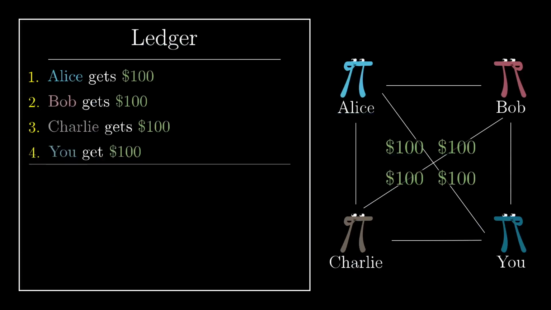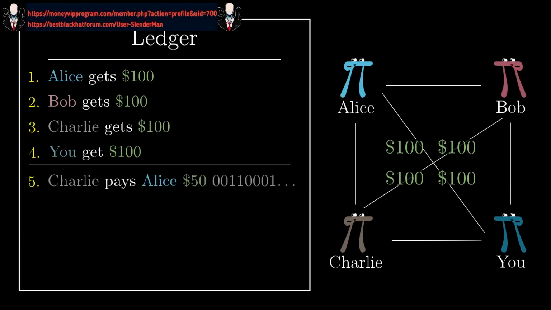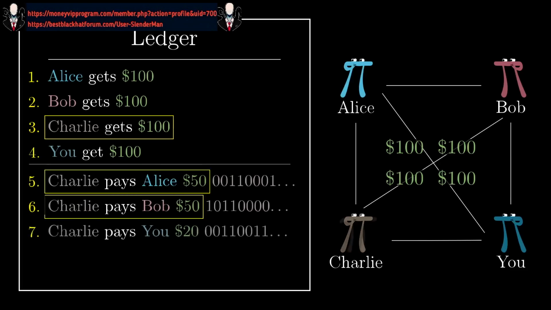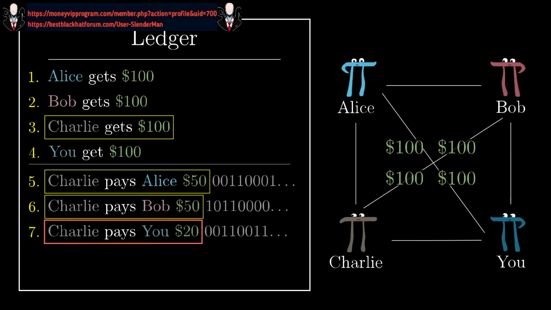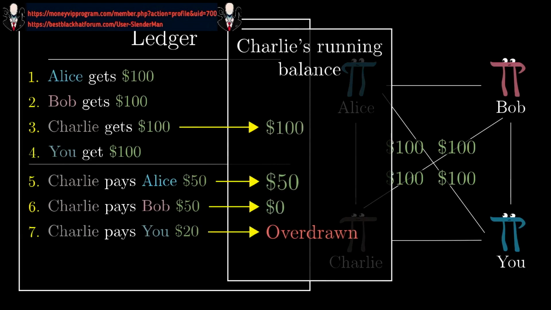For example, if the first two transactions are Charlie pays Alice $50 and Charlie pays Bob $50, if he were to try to add Charlie pays you $20, that would be invalid as if he had never signed it. Notice, this means that verifying a transaction requires knowing the full history of transactions up to that point. And this is, more or less, also going to be true in cryptocurrencies, though there is a little room for optimization.